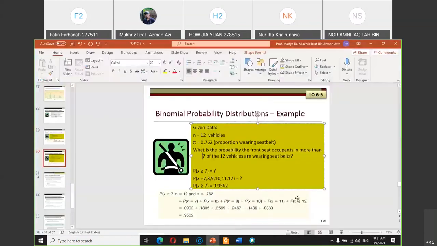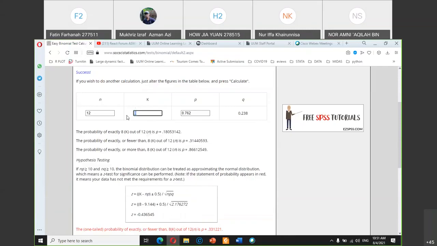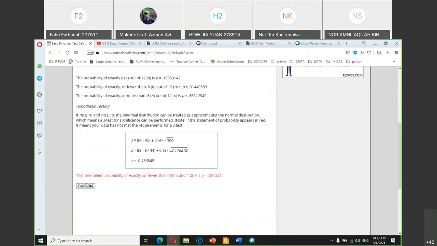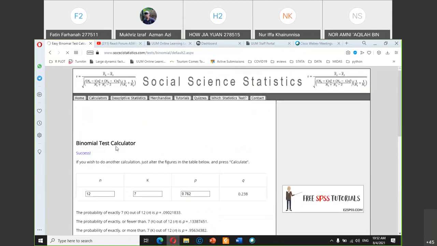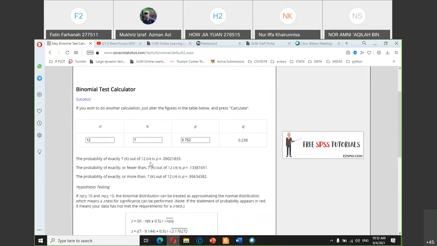So if you are given a question like just now, more than 7, that means 8 and above. If you key in 7 here, you will not be able to solve the problem, because when you key in 7, the calculator only gives you equals to 7, less or equal to 7, or 7 and more, but not 8 or more.